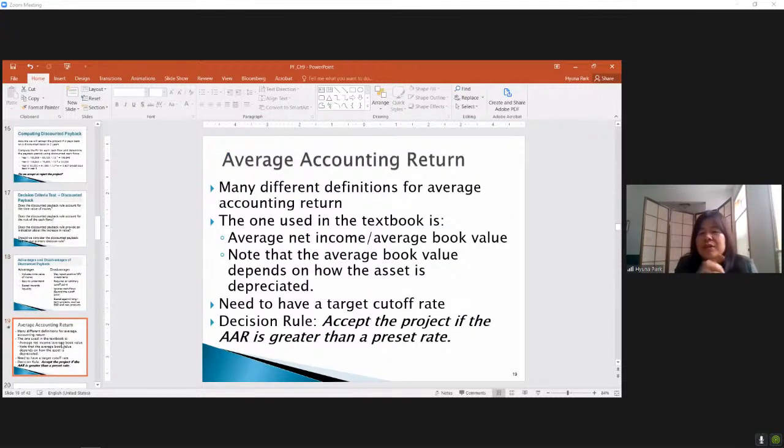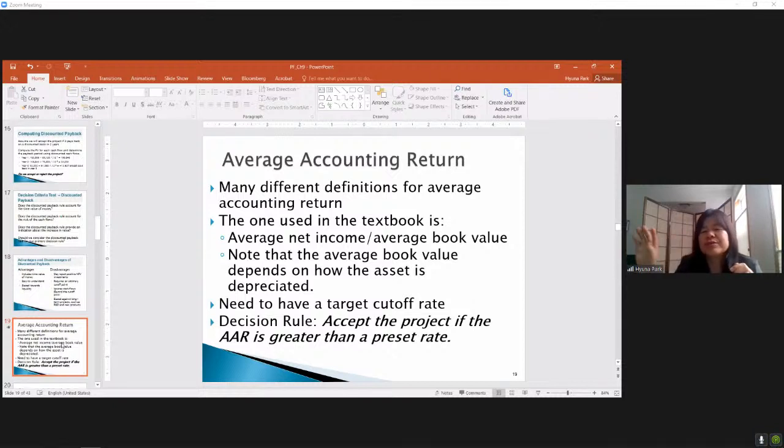So we finished the NPV, payback rule and the discounted payback rule, and then we move on to the fourth decision-making tool, which is average accounting return. The problem with average accounting return is there is no universal definition. Many people use the term, but their definitions vary.